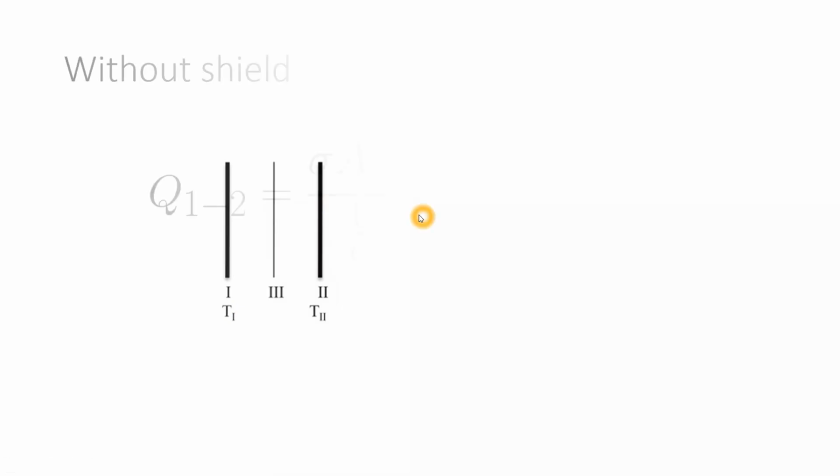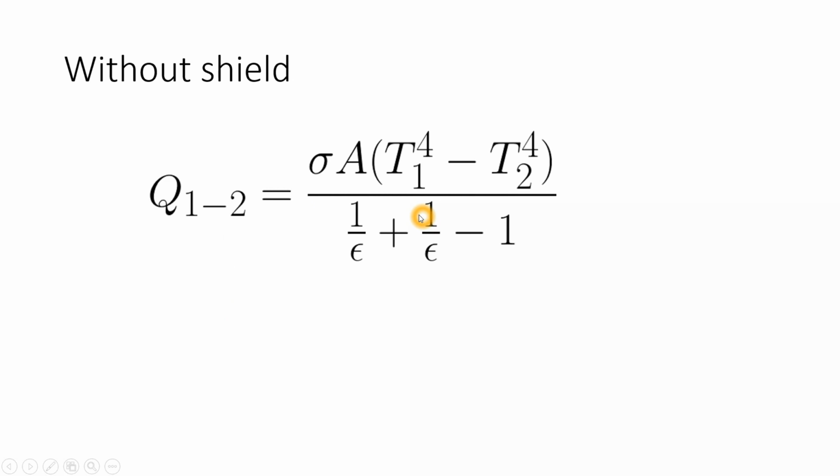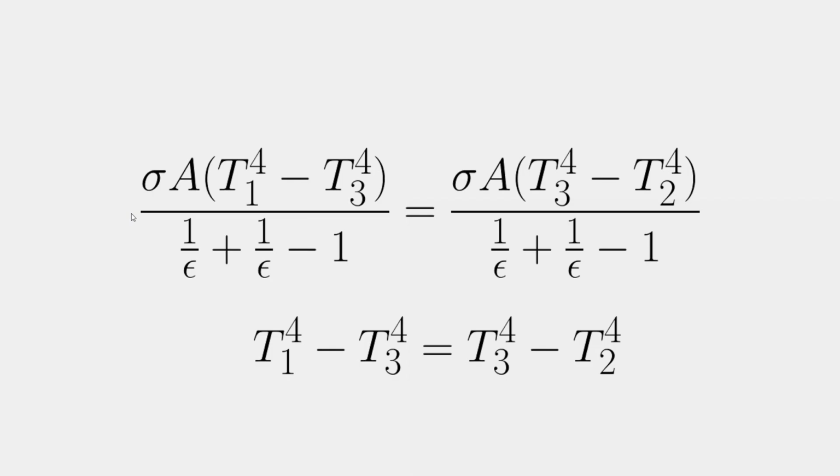So we can write sigma A (T1 to the power 4 minus T3 to the power 4), where T3 is the shield temperature, is equal to sigma A (T3 to the power 4 minus T2 to the power 4). Again, since emissivities are the same, I can write it like this, as I discussed earlier.